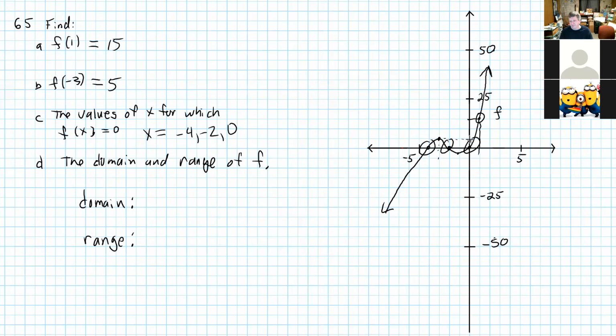What's the domain? The arrows on the ends of the graph imply they continue on in that same direction forever. So negative infinity.